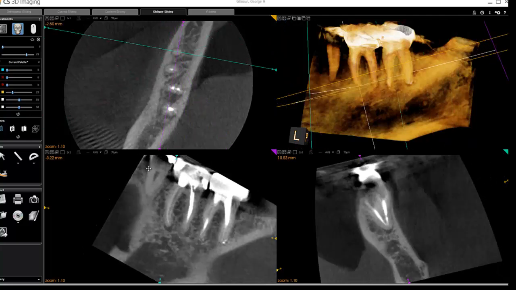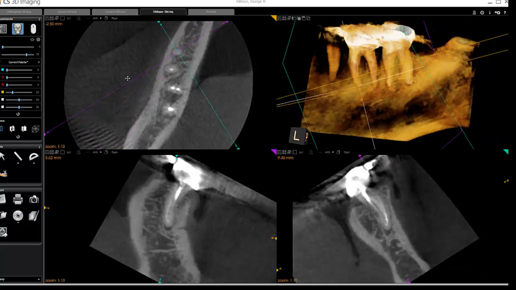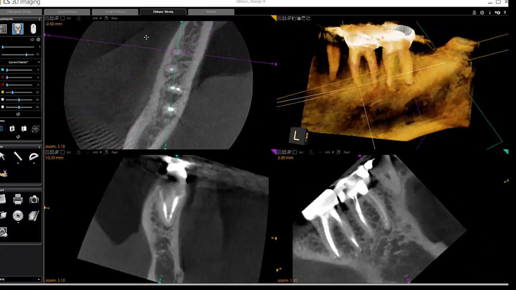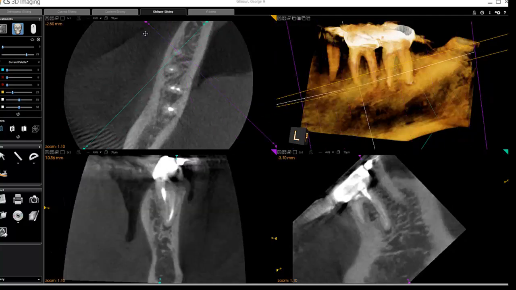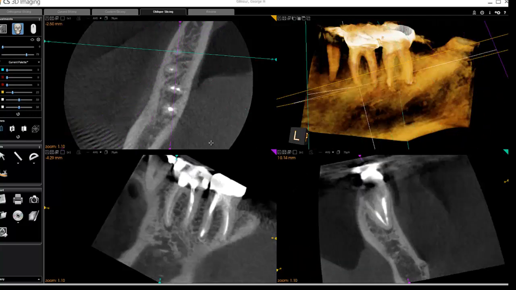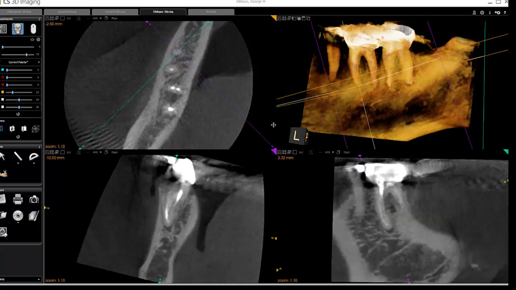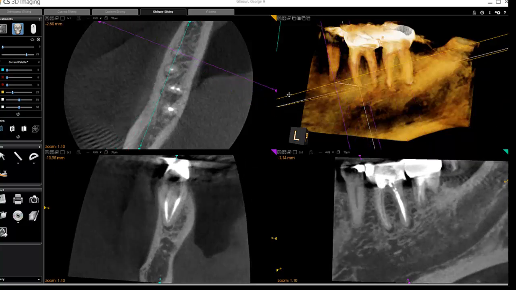Let's rotate around this root like a top, and we can see that it's pretty much a uniform radiolucency around the mesial root. There appears to be no lateral radiolucencies along the root as we rotate around. And we'll bring it back.